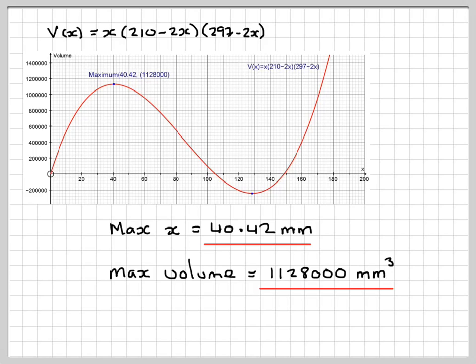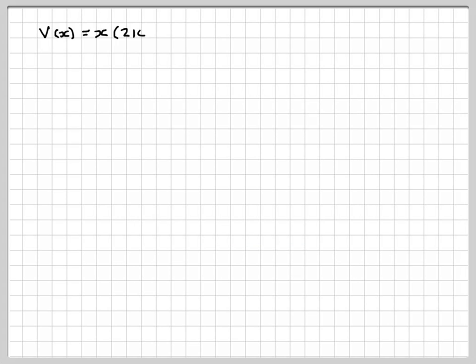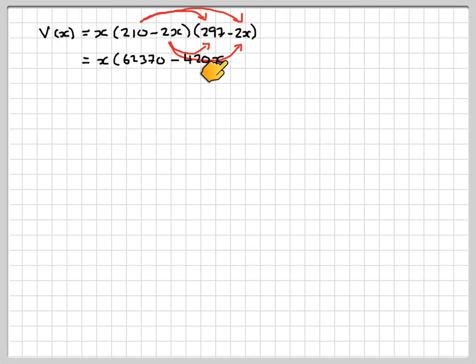However, if you were going to use this for a project, you would need to actually do this with a little bit of calculus, so that it has an advanced mathematical technique in it. So, if we've got V of x equal to x times 210 minus 2x times 297 minus 2x, then we need to multiply out these two brackets first of all.